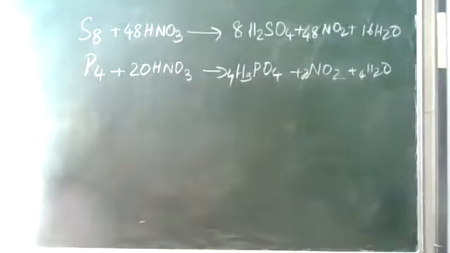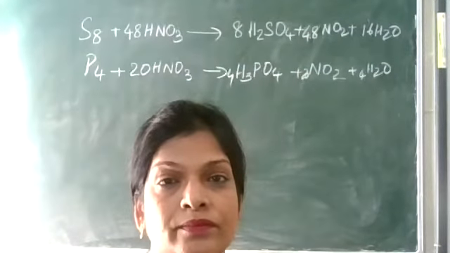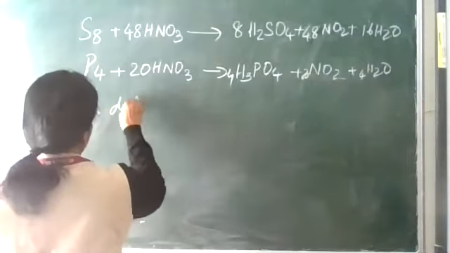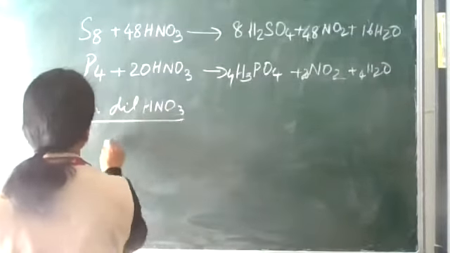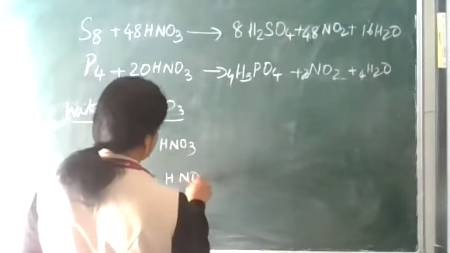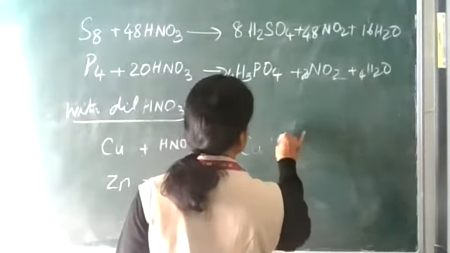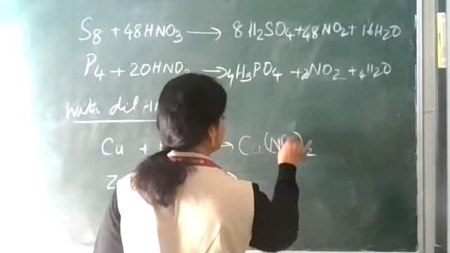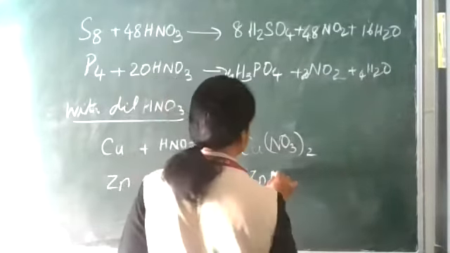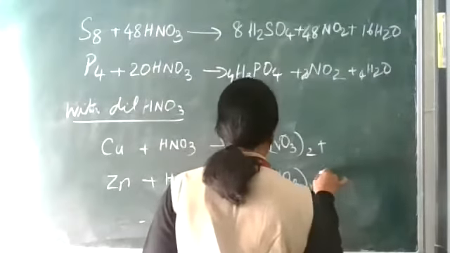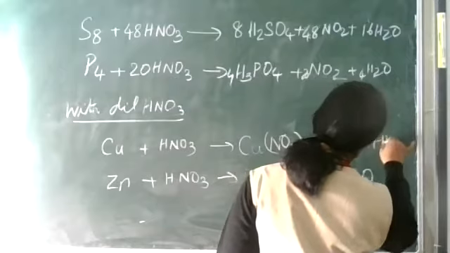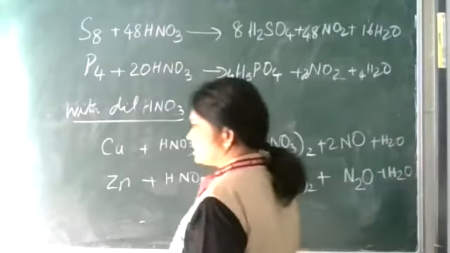With the dilute HNO3, copper and zinc plus HNO3 will be giving salts, copper nitrate and zinc nitrate, plus N2 and X. Here it is N2 plus X. This is with dilute.